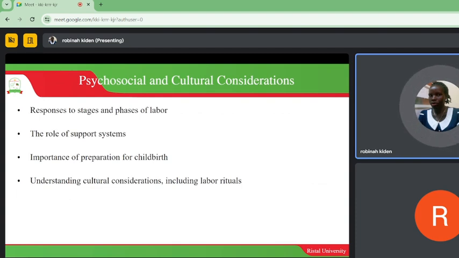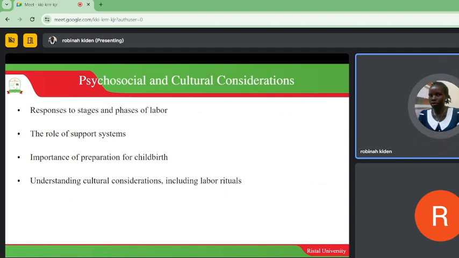Importance of preparation for childbirth. We also look at the importance of the preparations that are made for childbirth. Previously, we had looked at the preparations that are done for childbirth, the kind of preparation that the woman is supposed to do, and what she has to put in place, both physical and social.